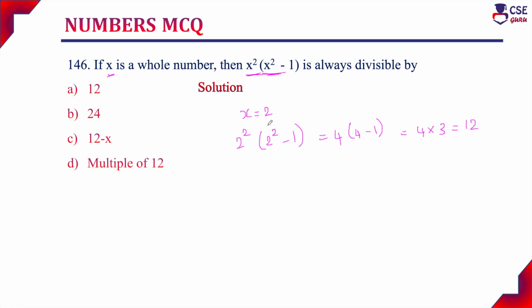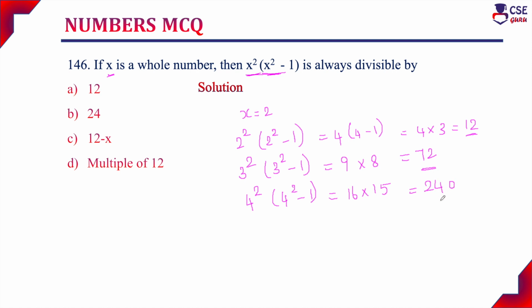Suppose x value is 3: 3 square into 3 square minus 1. 3 square is 9 and 9 minus 1 is 8, so it is 72. 72 is also divisible by 12. Suppose x value is 4: 4 square into 4 square minus 1, so 16 into 15, we get 240.